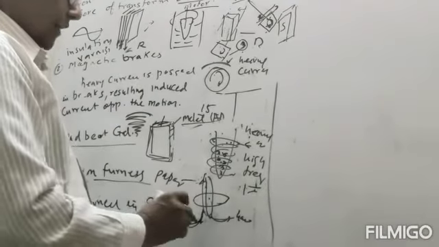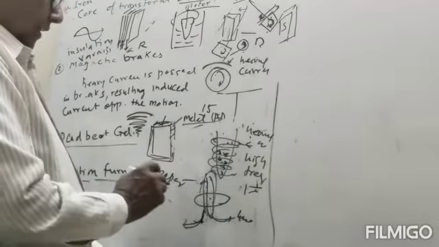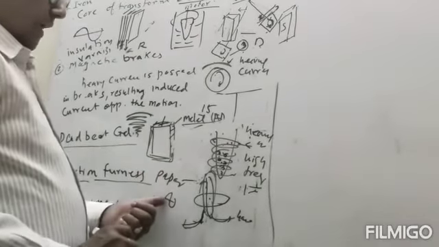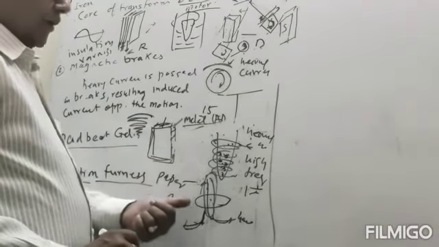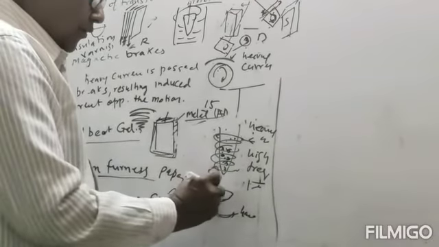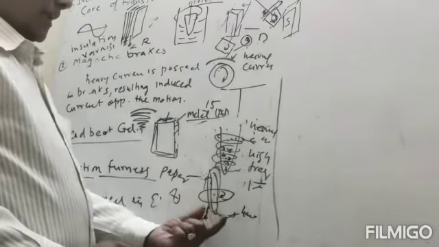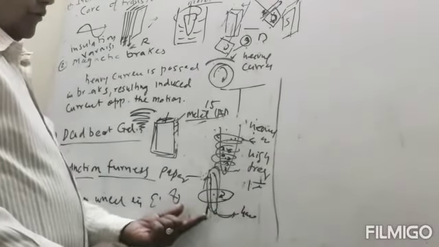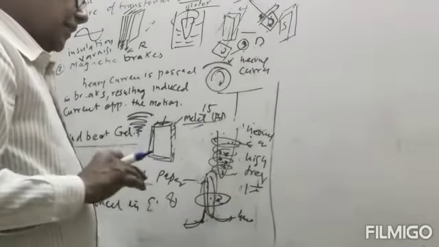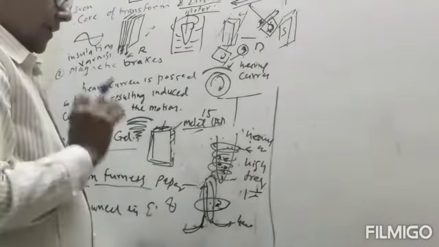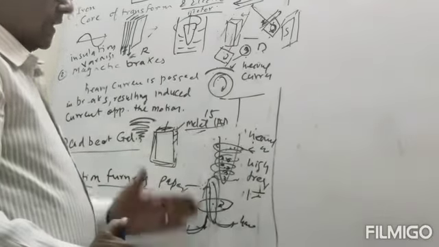Then when current passes through, what will happen? Since the current is AC, the EMF will be changing. The magnetic flux will be changing, induced current will be produced, and this will rotate. If more current is consumed, it will move fast. If less current is consumed, it will move slow. And if no current is consumed, it will not move. So we can use the eddy current for the measurement of the consumption of electricity in our home.